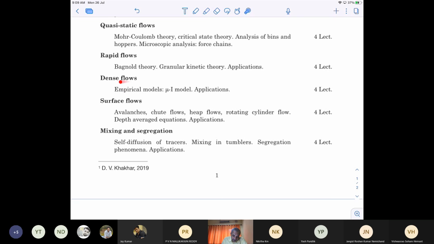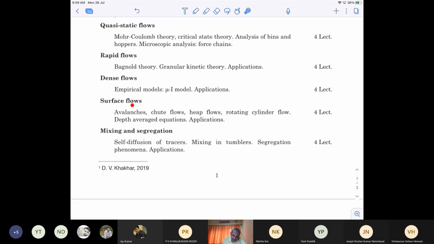And then, as I said, more recently we have come across this theory for dense flows, an empirical model called the mu-I model. Again, we'll discuss this and see how it can be applied. And then we look at some things called surface flows.